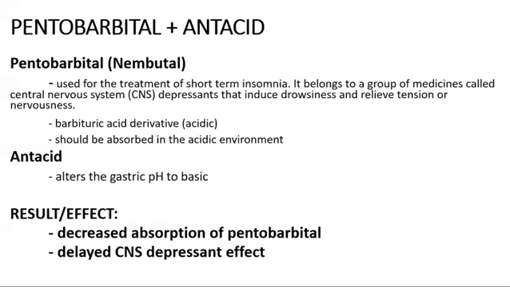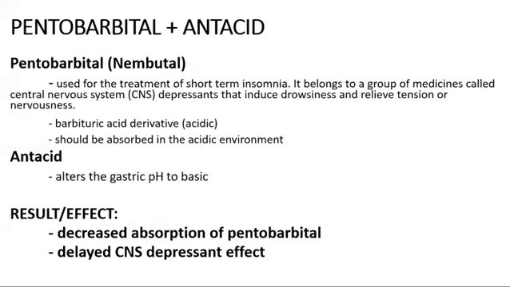Kapag gano'n ang mga actions, tinatawag silang central nervous system depressants. And as we all know, pentobarbital is a derivative, meaning galing siya sa family ng mga barbituric acid. So, ayun na yung clue, acid, meaning acidic siya. What will happen if tinake mo siya with an antacid? It will decrease the absorption of pentobarbital.